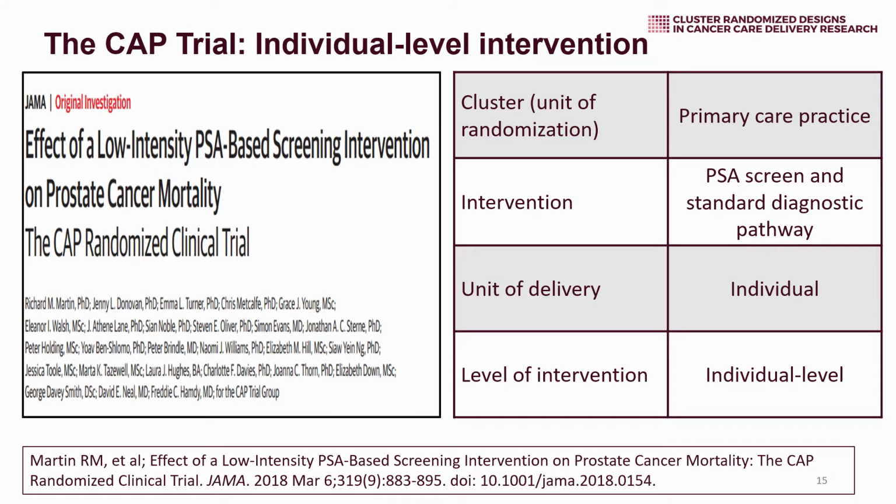So the unit of delivery here was the individual because the individuals were given the PSA screen. And so the level of the intervention is the individual. So here another example where the cluster, that is the unit of randomization, and the level of the intervention differ. The cluster here, the unit of randomization, was a primary care practice, but the intervention was targeted at the individual.